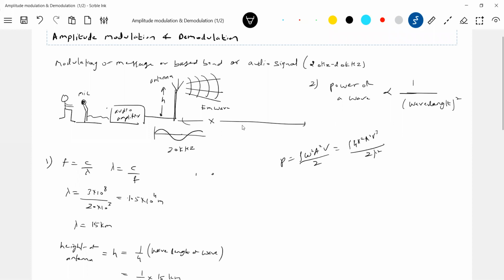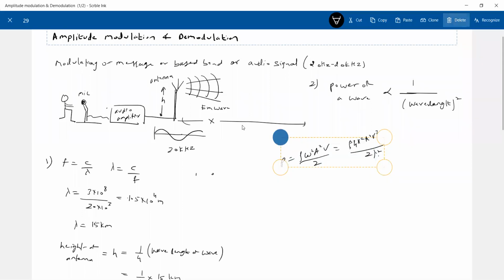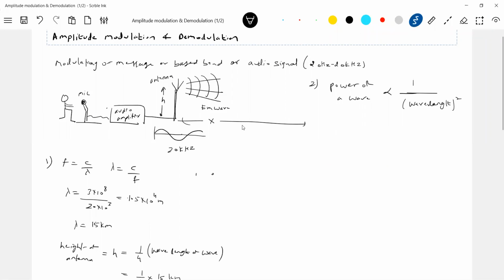So v by lambda square will come if you write it in terms of this, of course, like this for a mechanical wave. For a non-mechanical wave, we can derive the same expression, but the density of the medium should not come. And here the amplitude will be A naught. So here it is inversely proportional to this one, the wavelength. So therefore what will happen? Now you look at this one.